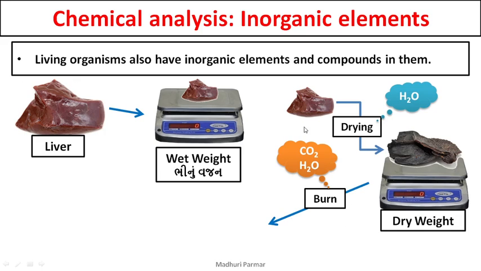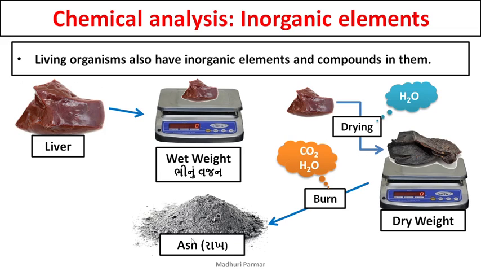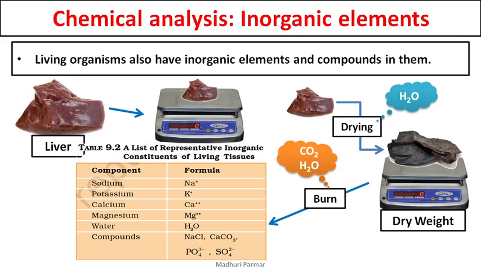So after burning, when all the carbon dioxide and extra water has evaporated, what you are left with is called ash. Ash, the powdery gray colored thing you get, is the portion of that living tissue which has the inorganic elements.